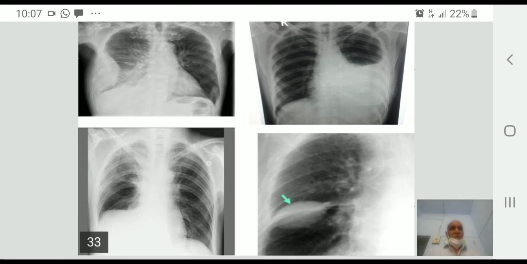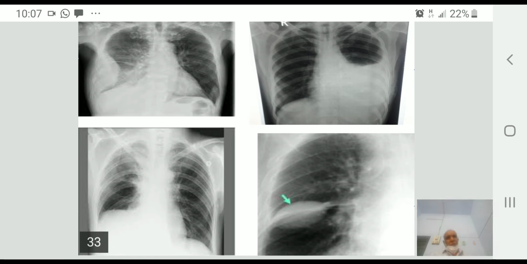This is an encysted effusion. The X-ray with a green arrow: there is a spindle shape, well marginated radio dense opacity at the level of the minor fissure. So it is a fissure effusion.